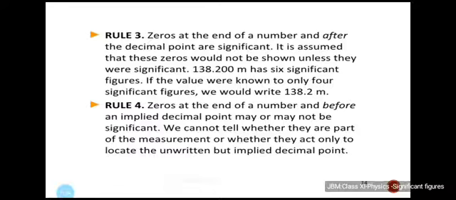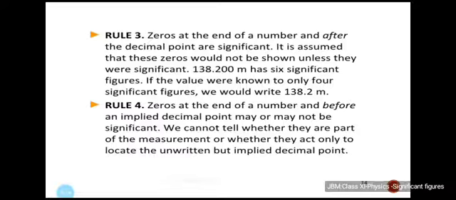So if we are writing x equal to 0.00800, then it has 3 significant figures, 800. The zeros before 8 are not significant. Again, 1.00 has 3 significant figures. Next rule: zeros on the right of a non-zero digit, with no decimal point, are not counted as significant.